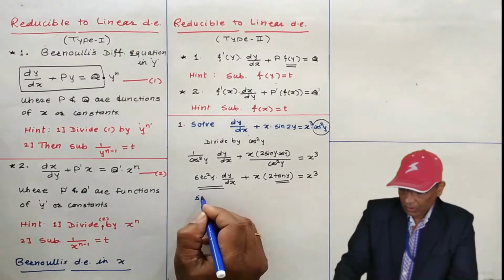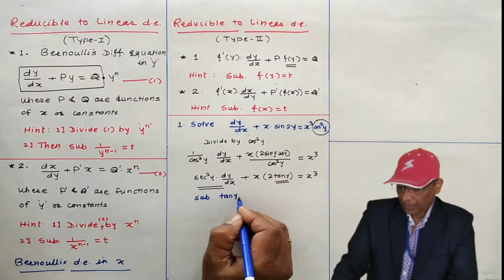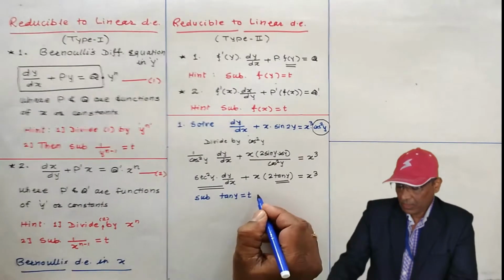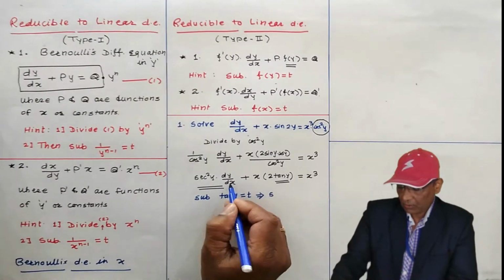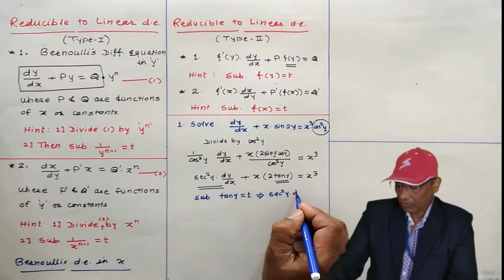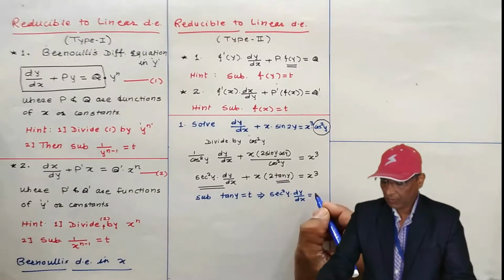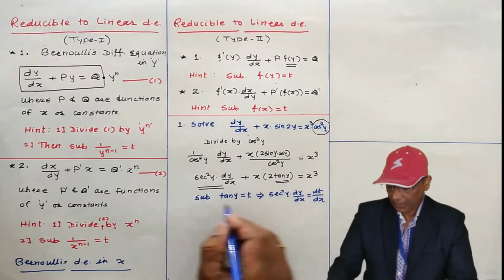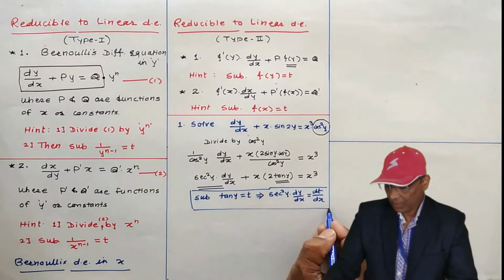Now substitute tan y equal to t. This implies the derivative of tan y with respect to x is sec square y times dy by dx, and the derivative of t is dt by dx. Now this substitution I have to use here.